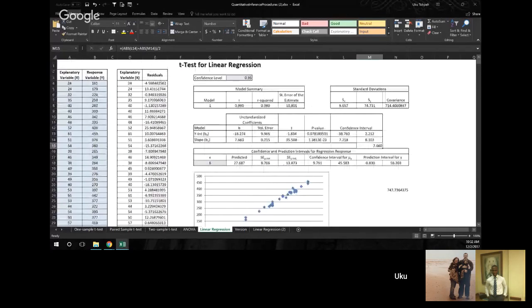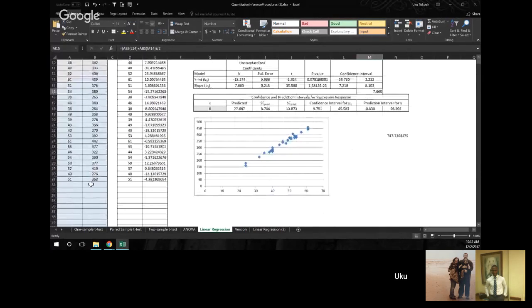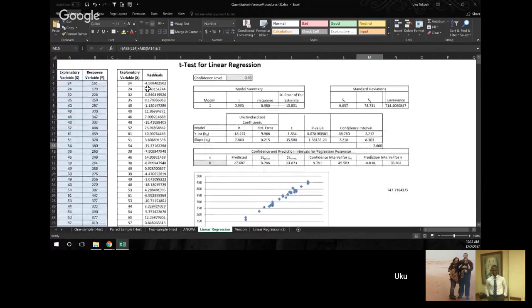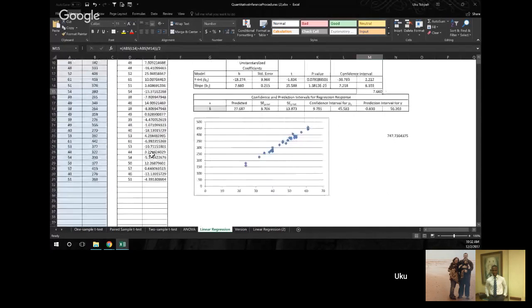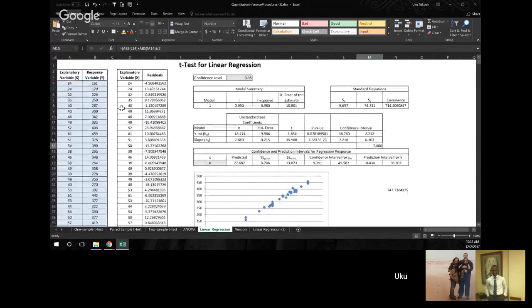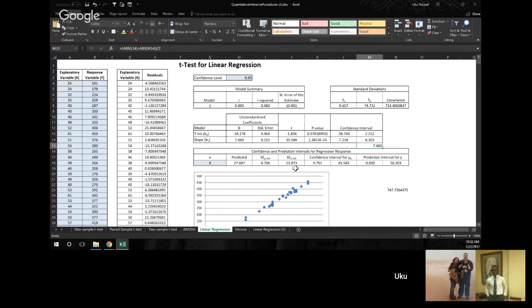So just to double check, this is my data that I imported, and all the way down to here. These are my explanatory residuals over here. If things seem out of place, let me know. And then 95% confidence interval. Whew, man, I think I also got the same thing. Okay, they're almost correlated.